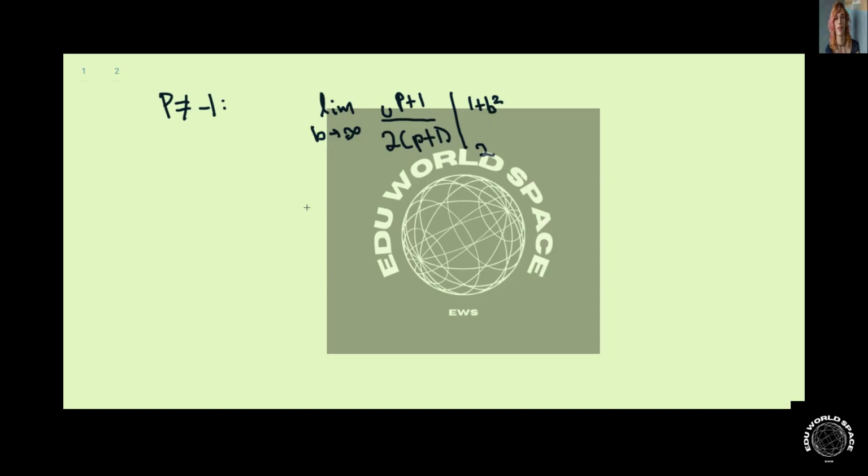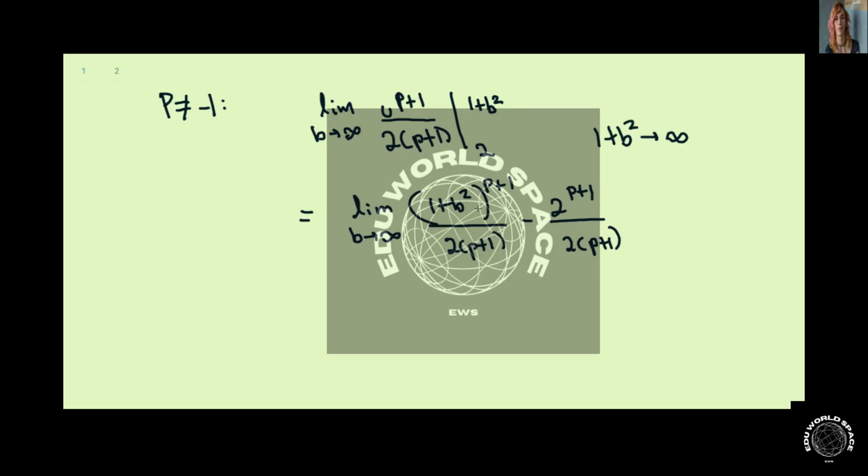So now we're plugging in, and so at this point, we need to consider, because notice that 1 plus b squared goes to infinity. So we should consider whether or not this exponent is positive or negative.